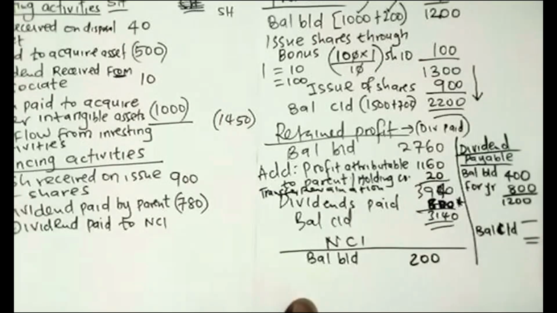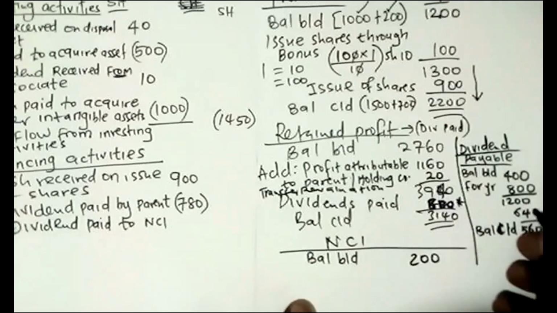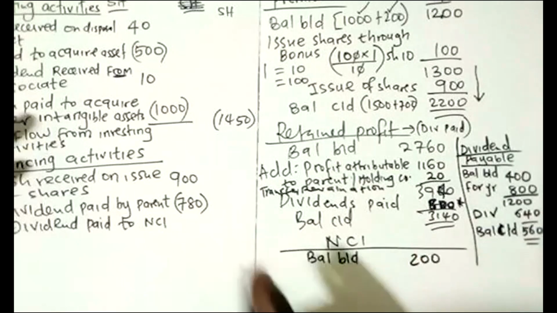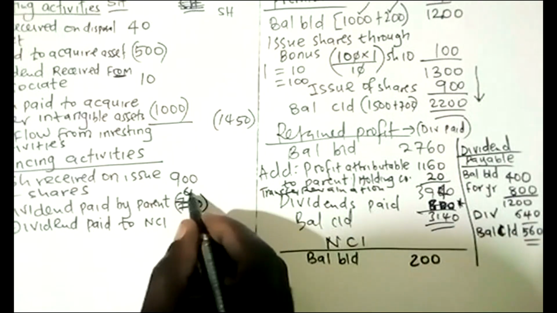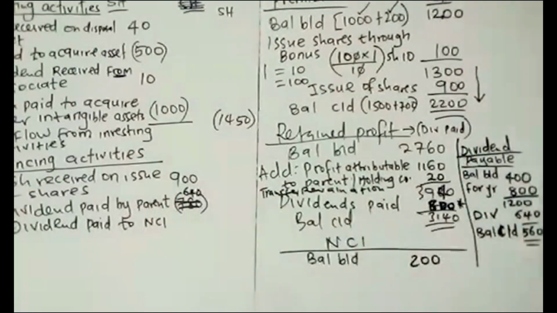So dividends paid is 1200 minus 560, which is 640. So these are the dividends I could have recorded here. So 640 is what I will record here, not 780.